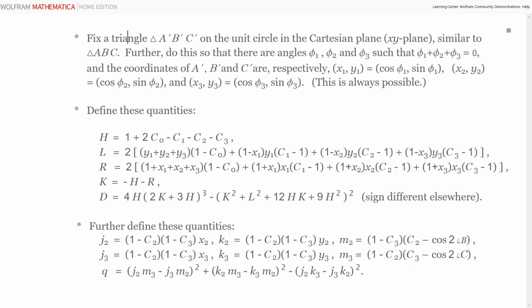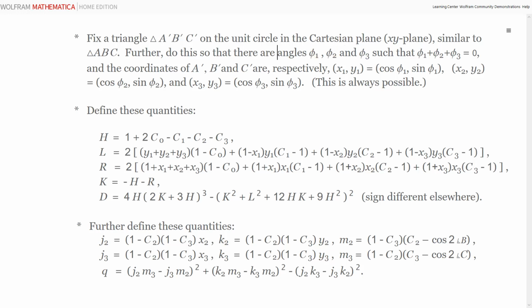All right, so in order to get D, what I do is I start with a triangle A prime, B prime, C prime that is similar to triangle ABC. So it has the same interior angles, okay? But this new triangle has its vertices on the unit circle in the Cartesian plane, okay?